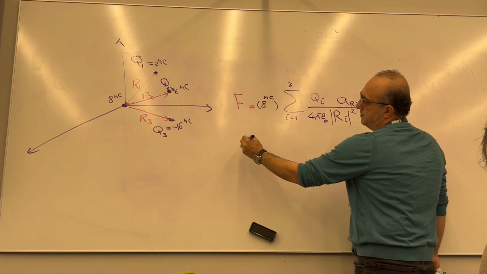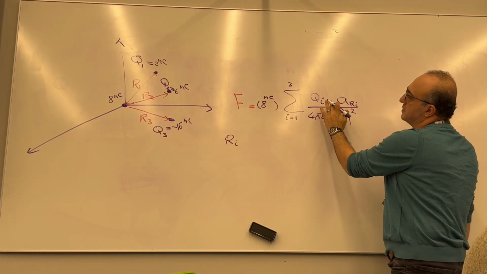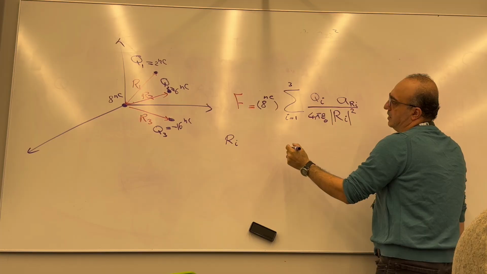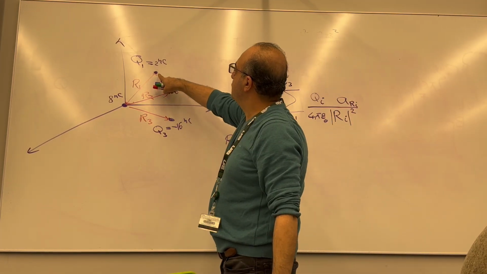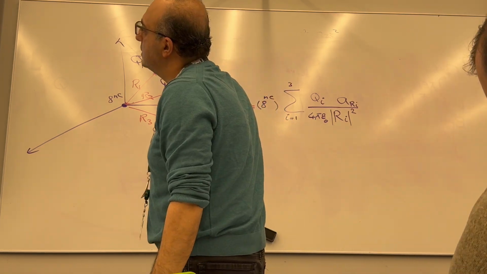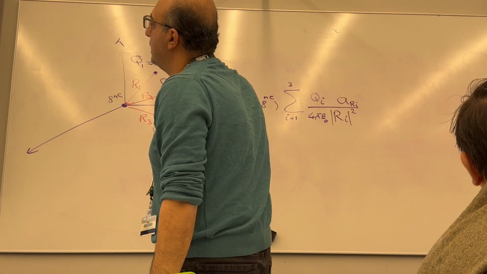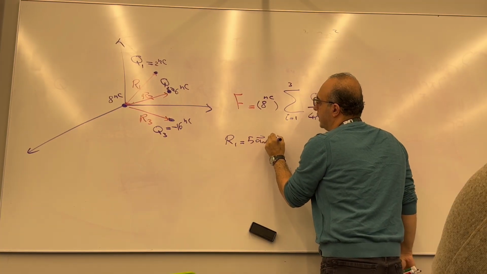What is R1? We need to define, because we have Q1, Q2, Q3. R1 is this point minus this point. This is 0, 5, 0, minus 2. This is 5AX minus 2AZ.